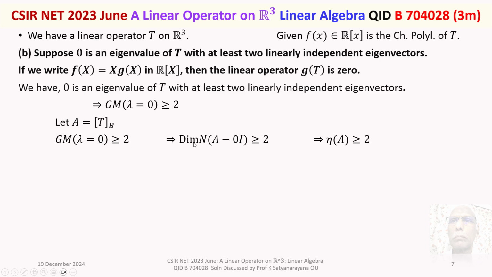That is the geometric multiplicity definition. This is denoted by the nullity of A. So nullity of A is greater than or equal to 2.